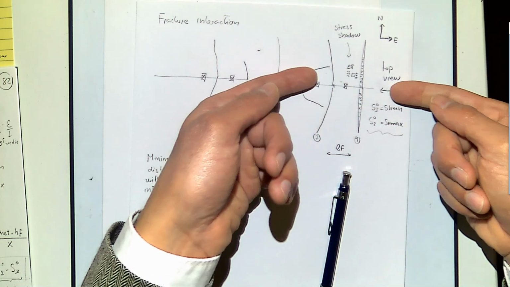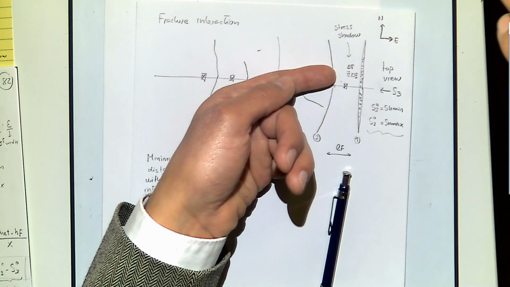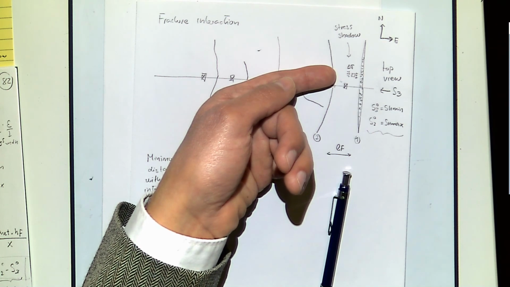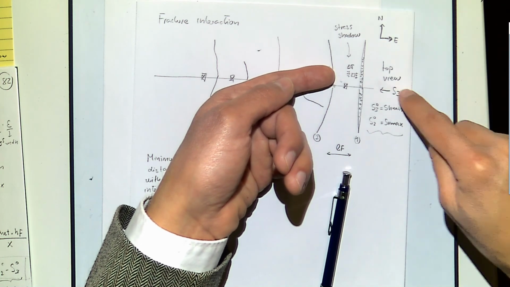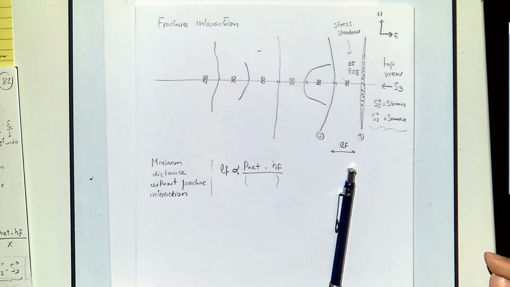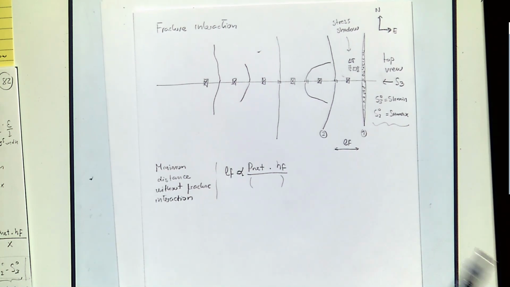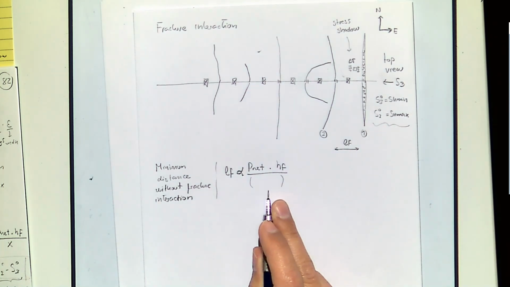Because you apply too much stress in this direction, now you switch the stresses, and the local stress is not anymore like the far field stress.